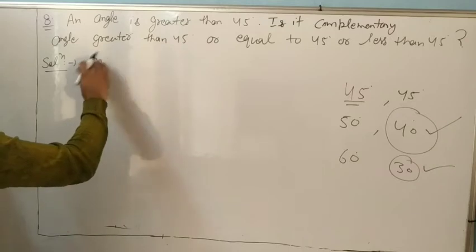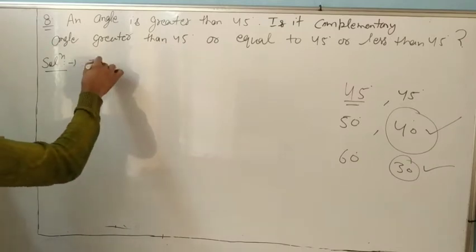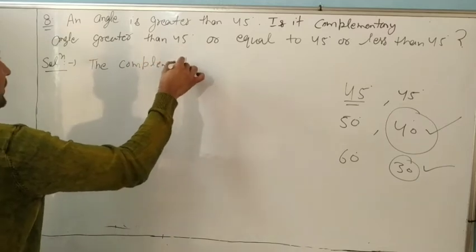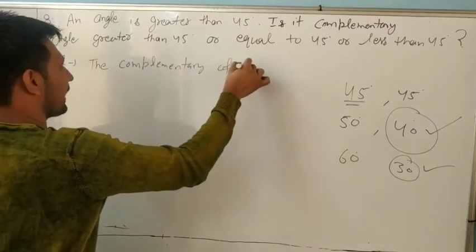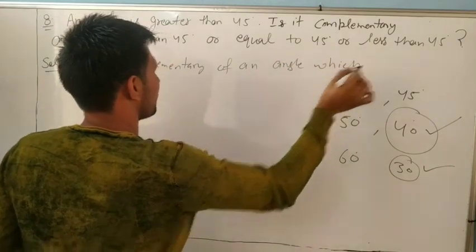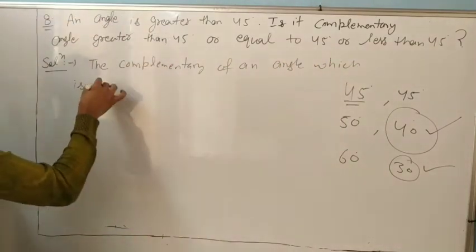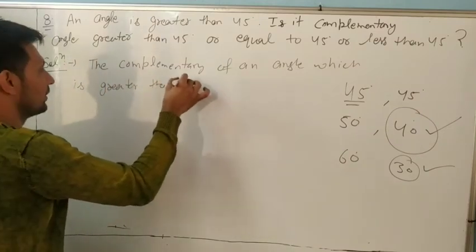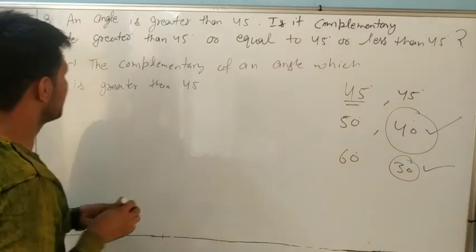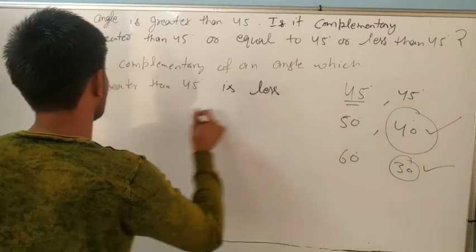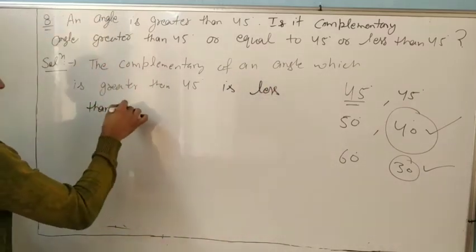So we will write: the complementary of an angle which is greater than 45 is less than 45.